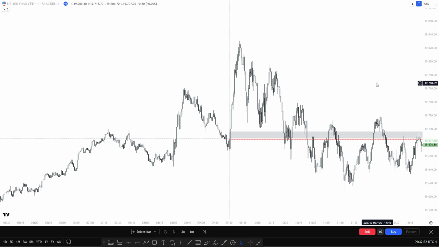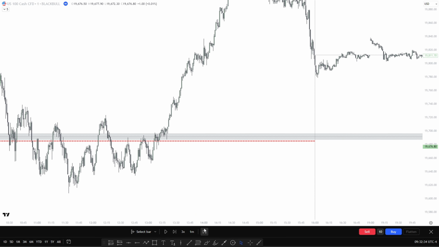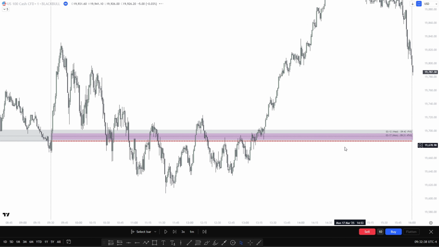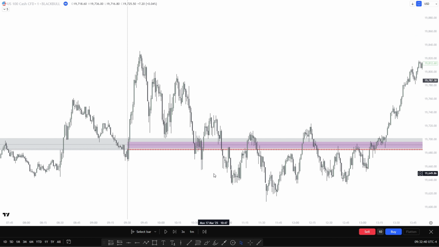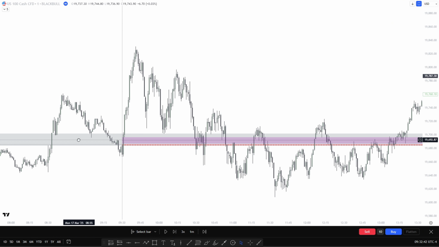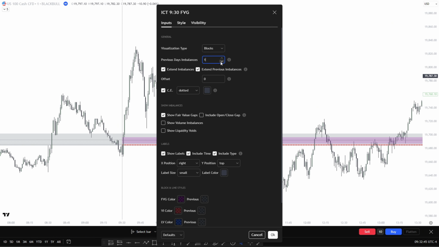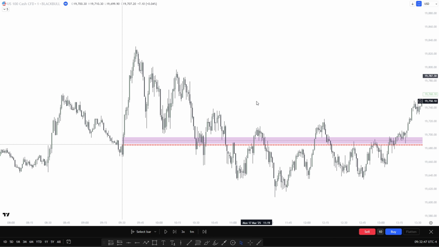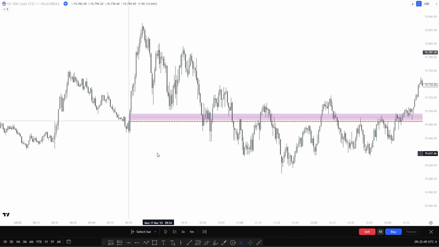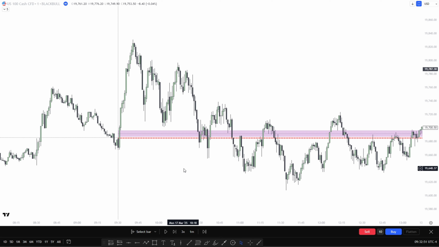But let me just cut on the next day. And I'll just leave the current first presented gap. Okay. So we have a very, very small opening range gap, pretty much non-existent.